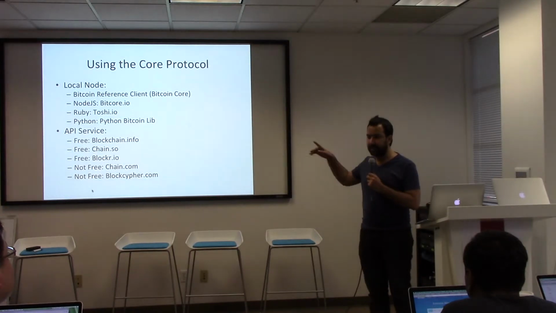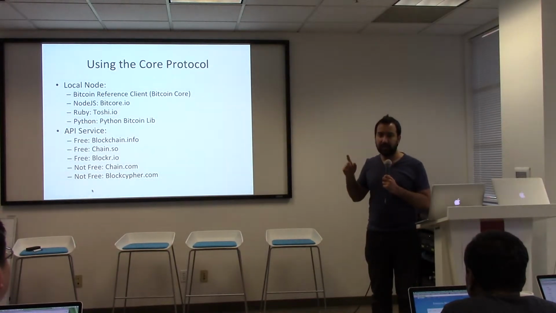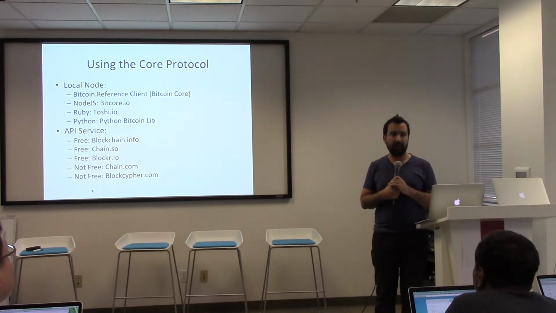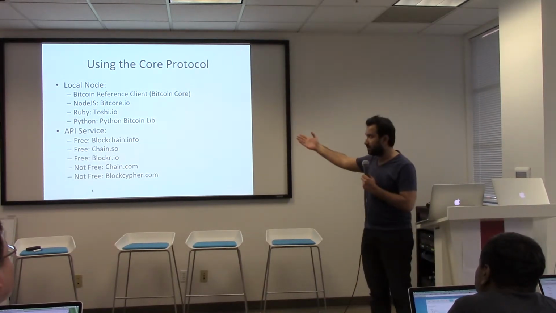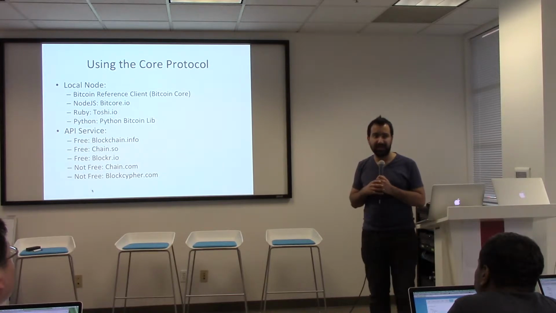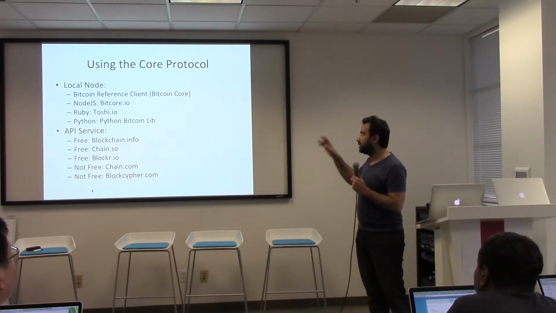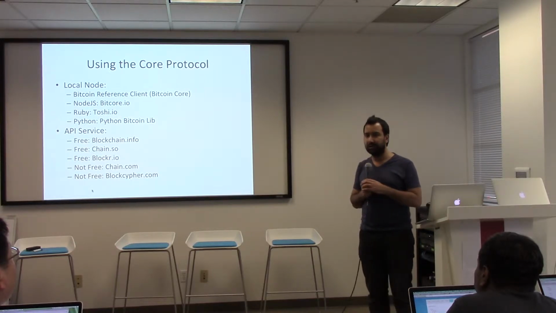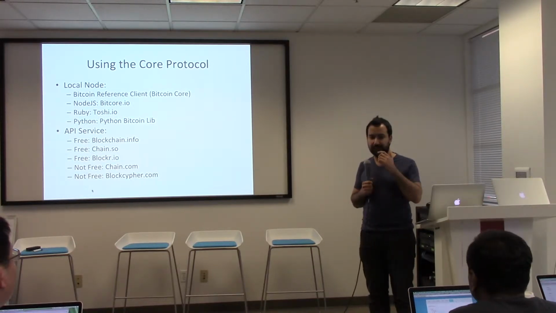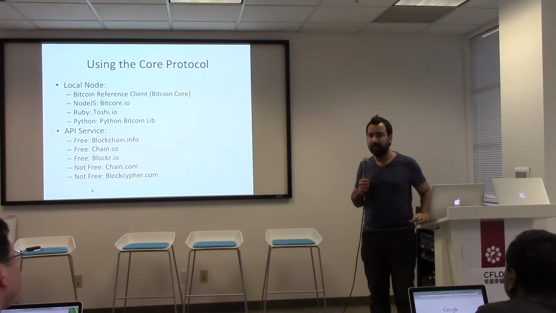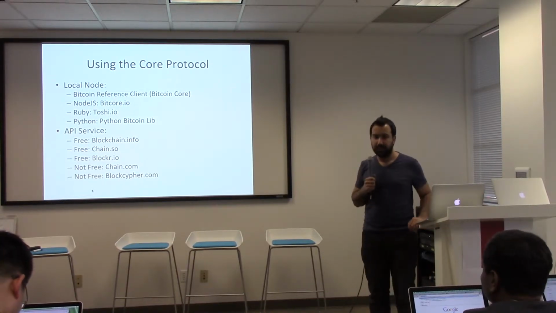That's why I say, the rules are in the Bitcoin reference client, and they get updated pretty frequently. These other repositories may not be updated as well as the Bitcoin reference client. So if you can manage it, just use the Bitcoin reference client written in C++. You can find the repository on GitHub. But if for some reason you want to play in your own language, just pick one of these.